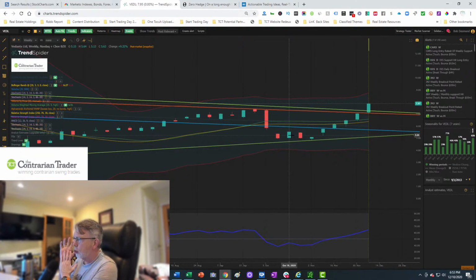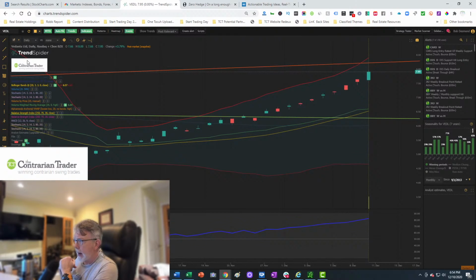Weekly breakout is strong. Muy bien. Daily chart looks good. Bullish stock. Very nice. You're going to have a bit of resistance up here, though, at around 8.30 per share. Otherwise, it looks very, very good.